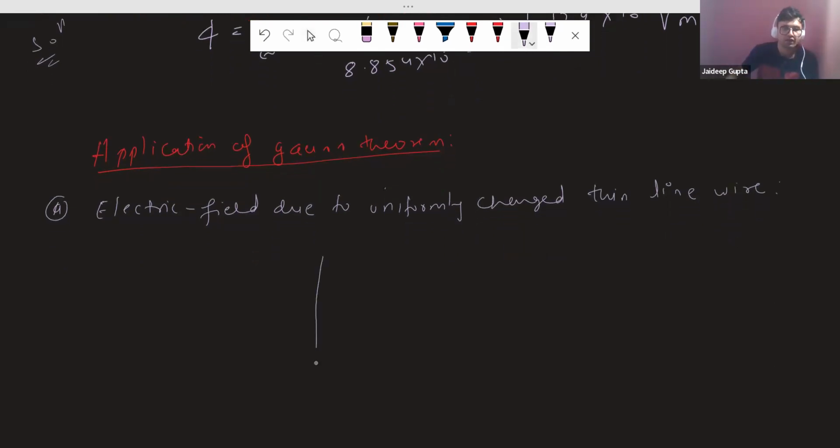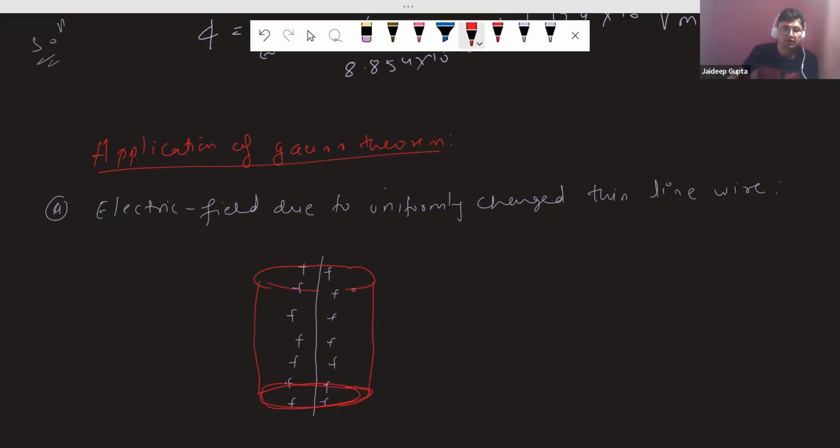So let it be a wire, infinitely long, positively charged. It can be negatively charged also. Now we have to imagine a Gaussian surface. It is a hypothetical surface, all right? Just remember which Gaussian surface we have to assume, which is symmetrical.